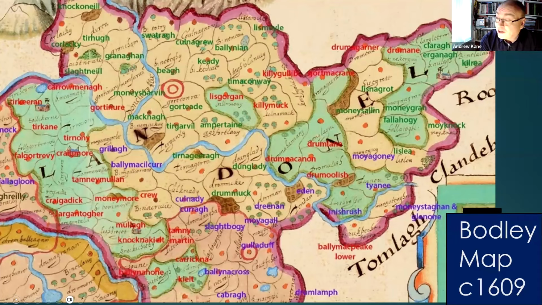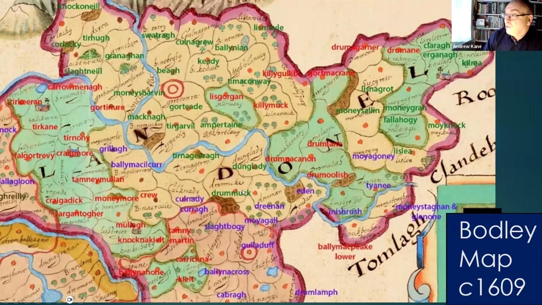Their lands had been forfeit, and civil servants went round and made lists of the names of the places that were available for allocation, and then drew maps from those written descriptions. So while the maps themselves are not particularly scientifically accurate, and in fact some of them are absolutely awful.